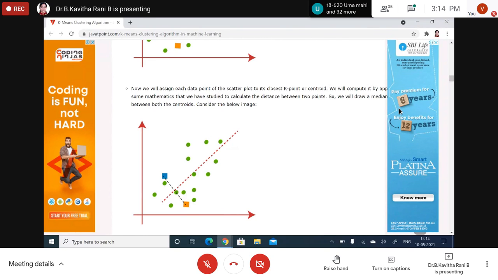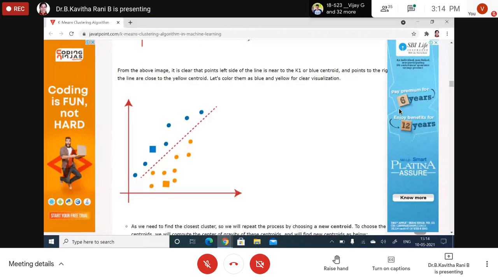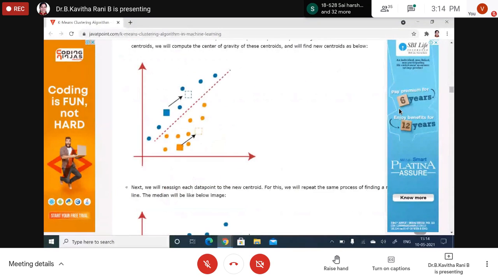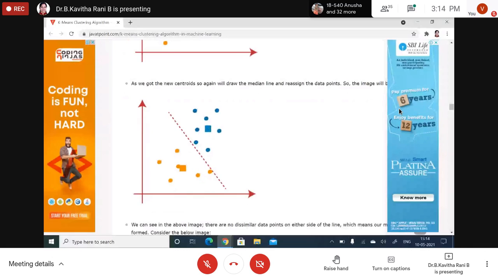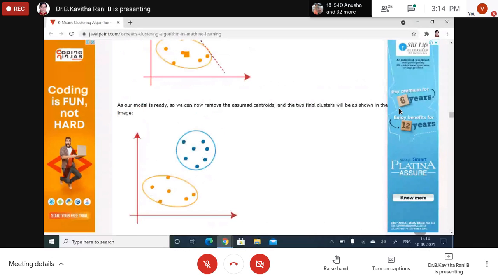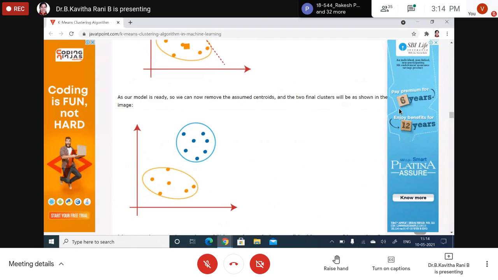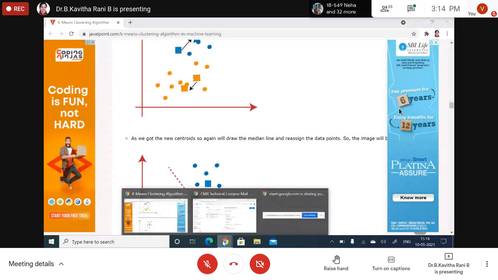So I have created one hyperplane. After that, I have taken one more centroid. Again, I have checked 2 other points. Likewise, I have to repeat this process. After repeating this process, at last, you will get this. The data is grouped into 2 parts. Okay. So this I will show you by a numerical example.